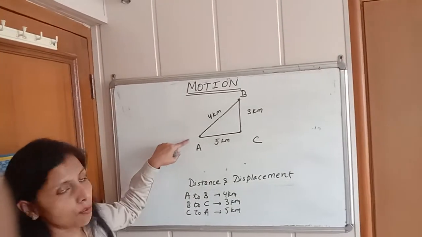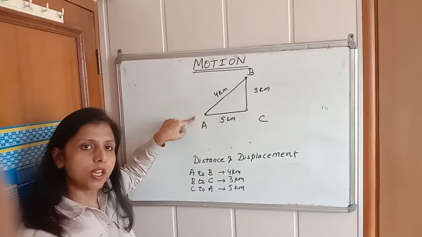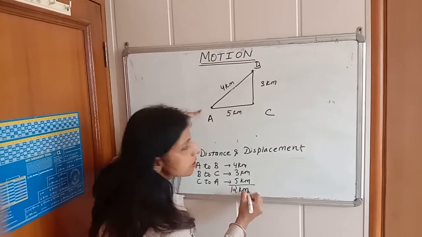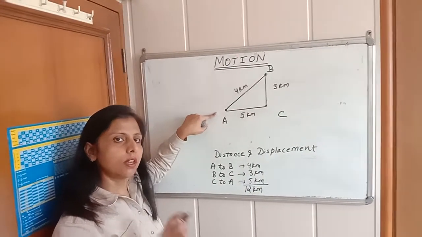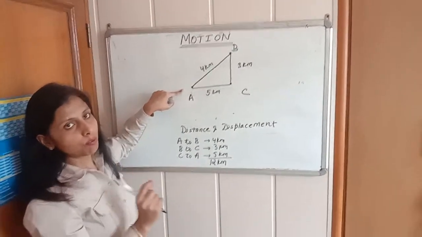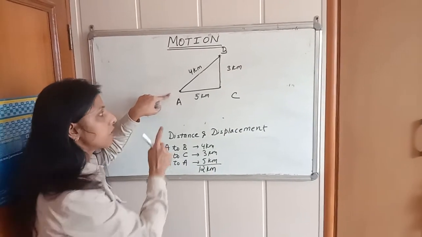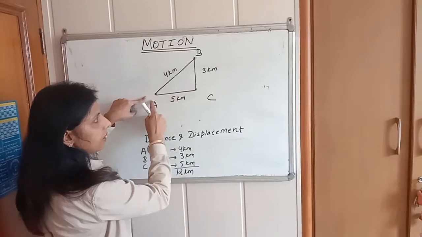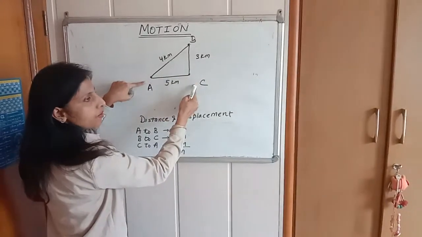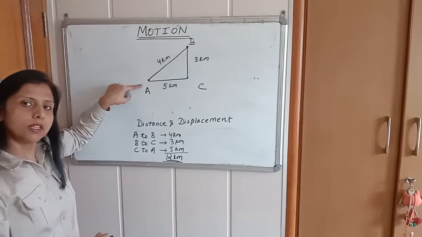So starting from point A, going to B, C and then returning to point A, it has covered a distance of 12 kilometers. This is distance. Actual length of path covered by the body irrespective of its direction. We are not considering its direction. This 12 kilometer is the distance covered by the body.